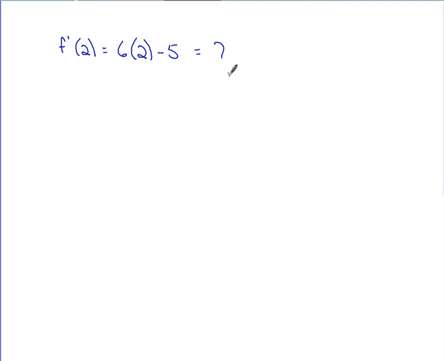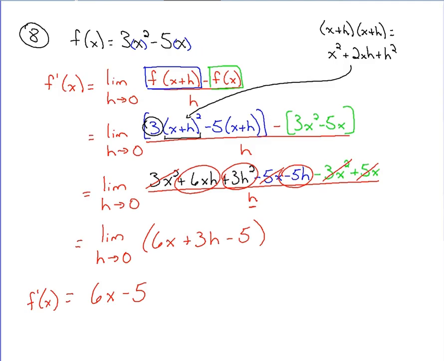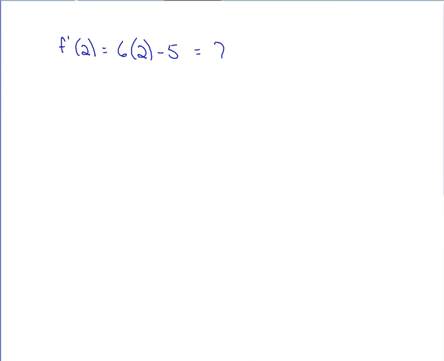So it says, then find f prime of 2, which we did, and use it to find the equation of the tangent line to the parabola y equals 3x squared minus 5x at the point (2, 2). So notice the parabola in that equation is the same as the original function, which means if we found the derivative of the original function, as we did, we're going to have a slope, basically a slope formula.